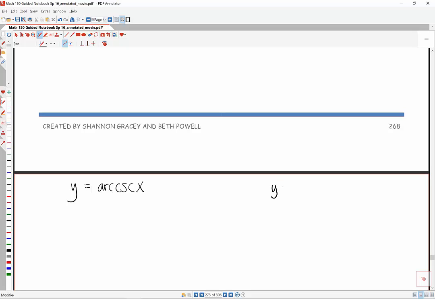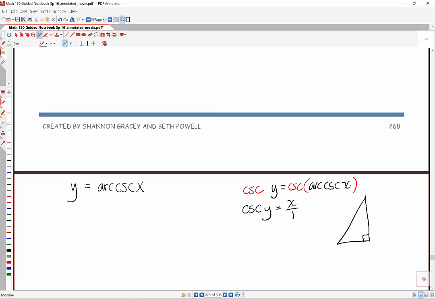So we have y is equal to arc cosecant at x, and then evaluating the cosecant at both sides, we will have cosecant at y is equal to x over 1, making our triangle.